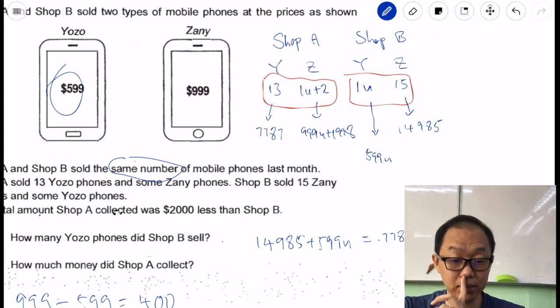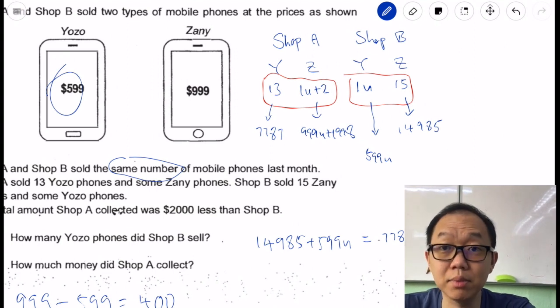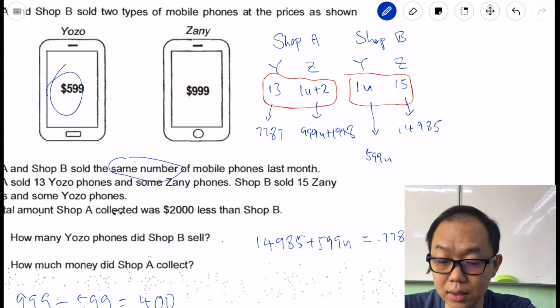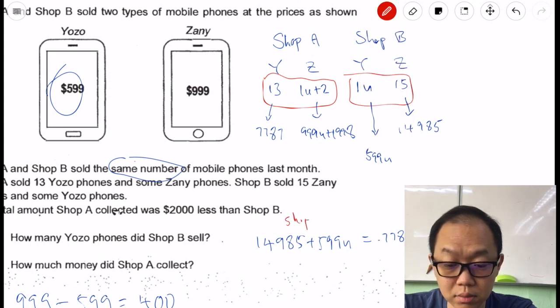We must add 2000 because it's the same. You add $2,000 to shop A, this one is shop B, this is shop A.